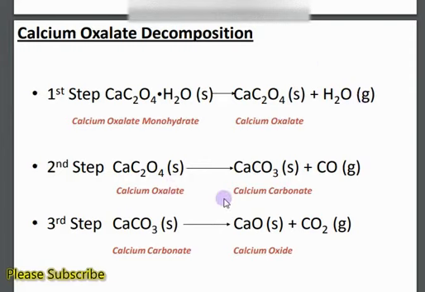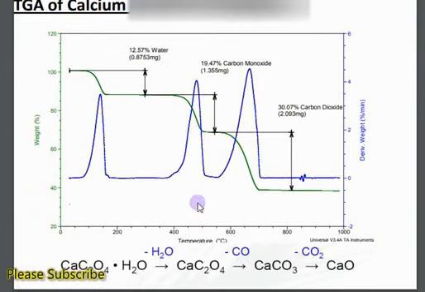In the second step, this calcium oxalate changes into calcium carbonate and carbon monoxide is produced. By removing this carbon monoxide with the carrier gas, we are decreasing the mass of the substance. So in the TGA curve, we are seeing this kind of result.